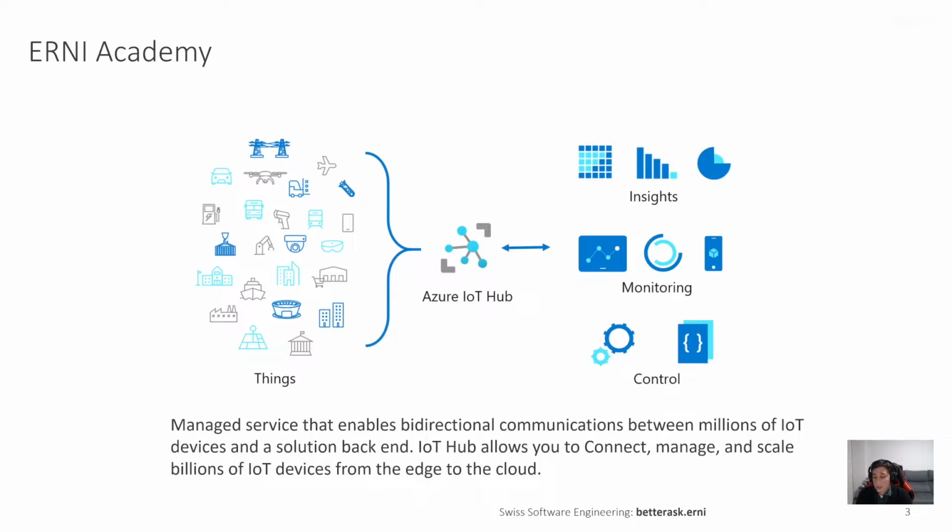You have a centralized hub for connecting every kind of devices to this hub, and then you can do different kind of things like we see here. We can do different insight, data analytics, business intelligence, artificial intelligence, open the data. We can do monitoring. We can control these devices from the backend as well.